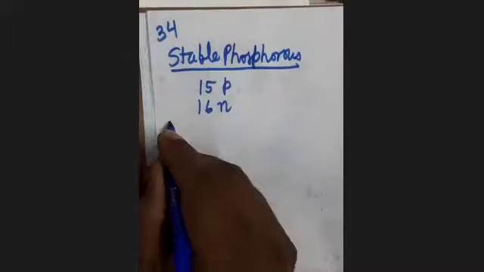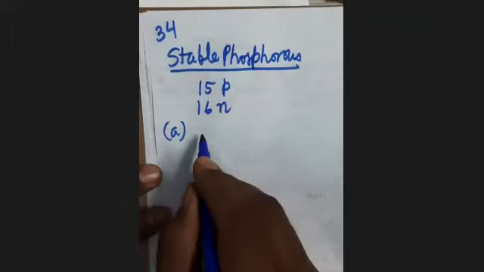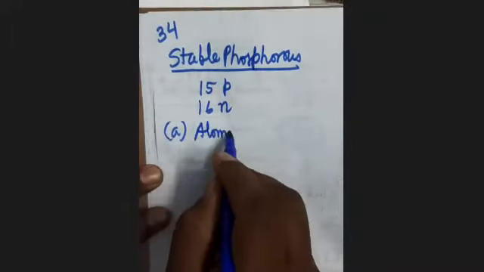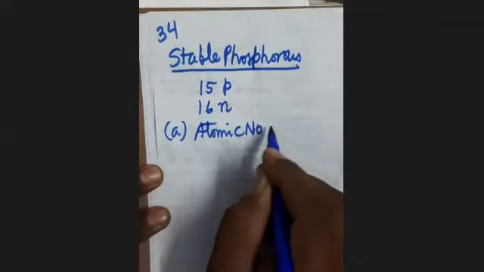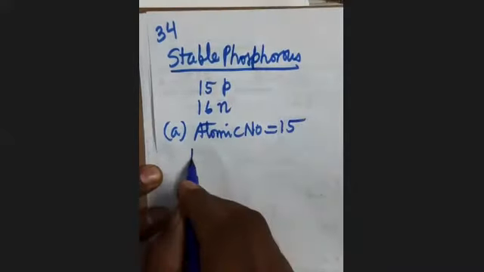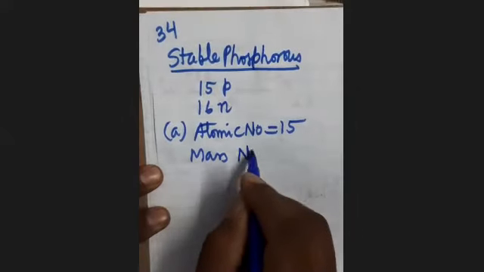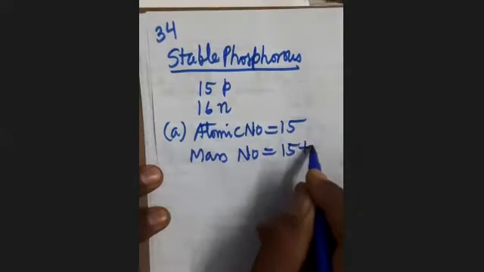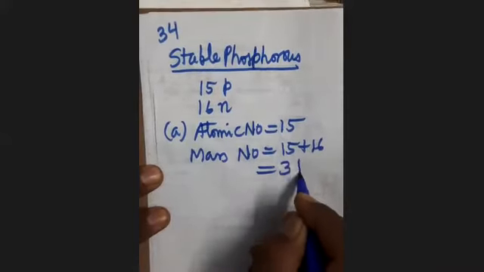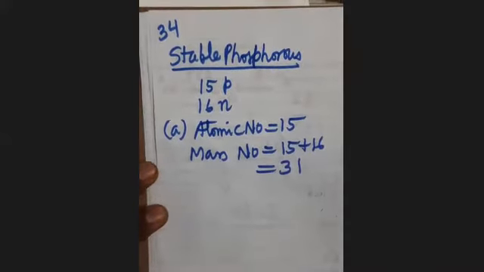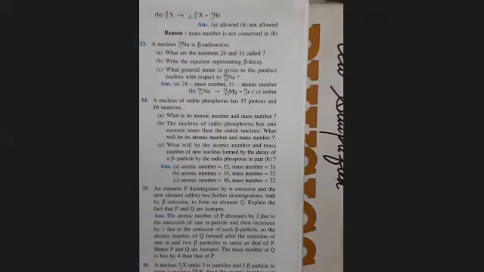So first part, atomic number will be proton number. It will be 15. Mass number, 15 plus 16, that is 31. Now see the next part. The nucleus of radiophosphorus has one neutron more than a stable nucleus.